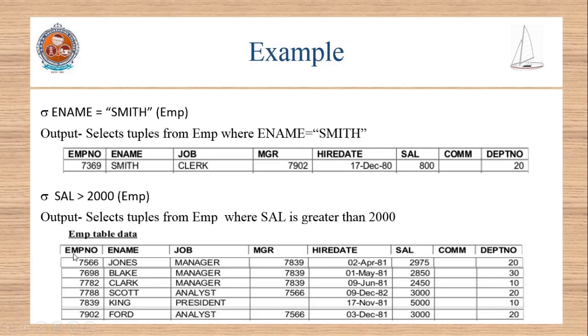See here, the degree is 9, means all the attributes are being retrieved, and only the tuples which are satisfying this condition, that is the sal greater than 2000, will be given in the output. See here, we are having 6 such tuples in our EMP instance. Among the 14, 6 tuples are satisfying this condition, so those are shown in the output.